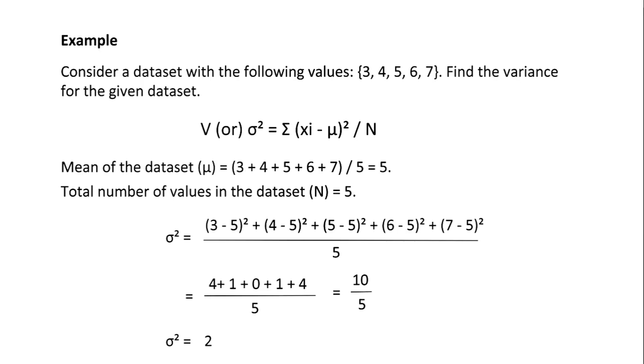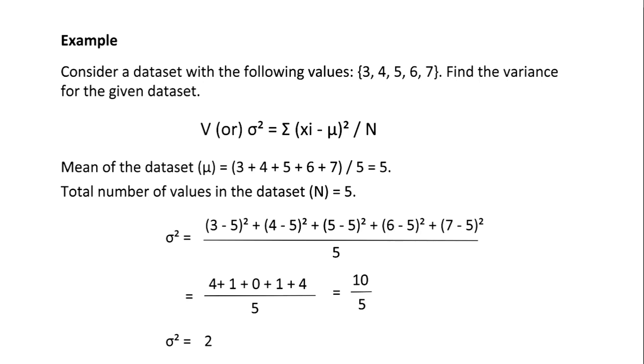Example. Consider a data set with the following values: 3, 4, 5, 6, 7. Find the variance for the given data set. V or sigma square equals summation xi minus mu whole square by n. Mean of the data set, mu, equals 3 plus 4 plus 5 plus 6 plus 7, by 5 equals 5.